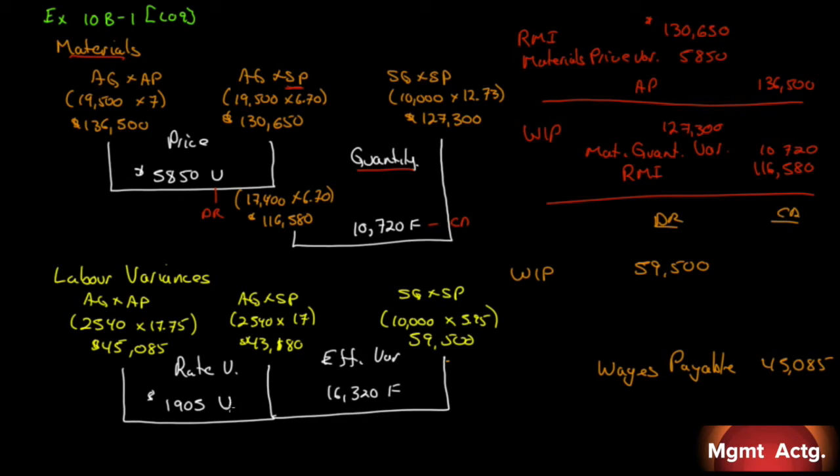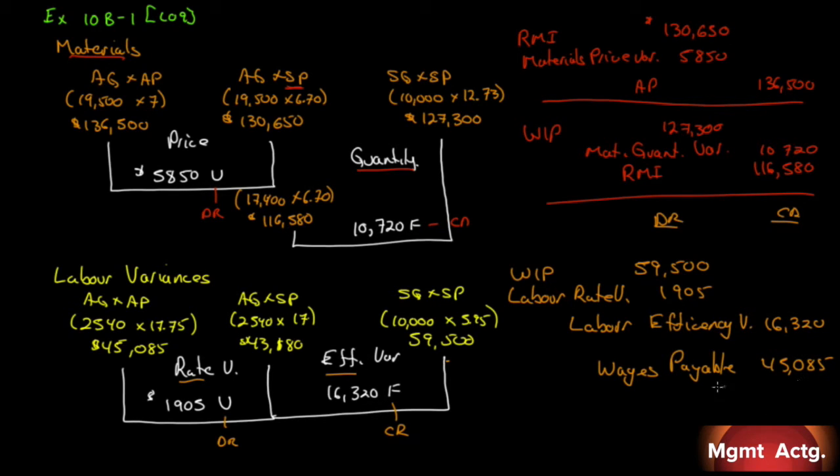Well, let's just follow along. This is unfavorable, so that's a debit entry. This is favorable, so that's a credit entry. Our first debit entry is labor rate variance, and since it's unfavorable, $1,905 is our entry. The next one is labor efficiency variance, and that is $16,320.